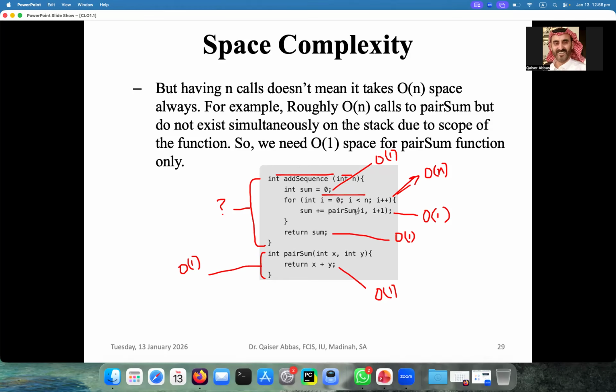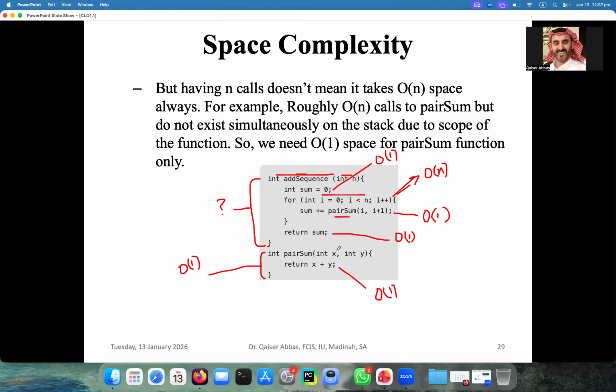Sum plus equal to pair sum, where we are calling some function which is written here, pair sum with these parameters. This is also an assignment statement, so order of 1. And then the loop is finished, we return sum, which is that variable. Okay, this method is finished.